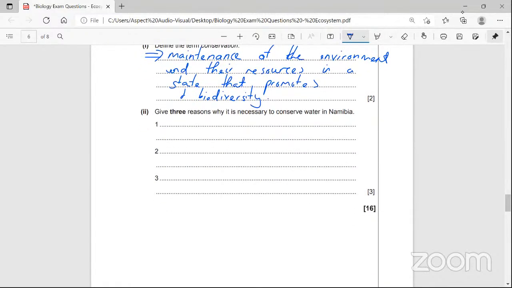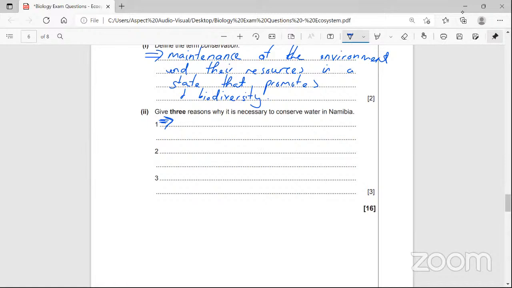Right, and then they ask you, give 3 reasons why it is necessary to conserve water in Namibia. The climate. It's a tricky question, huh? How would you answer this? Why would you want to conserve water in Namibia? Because it doesn't rain a lot.